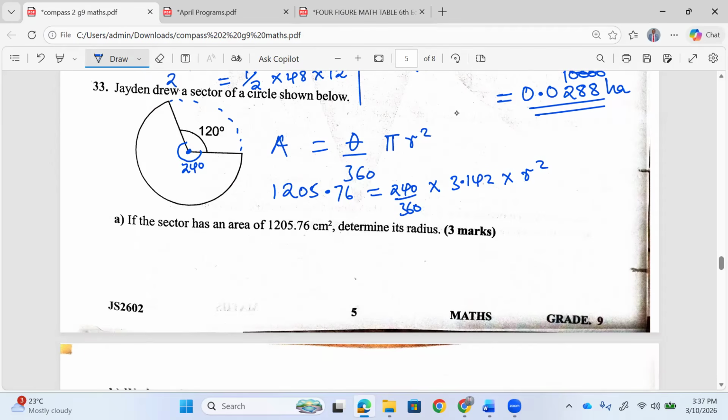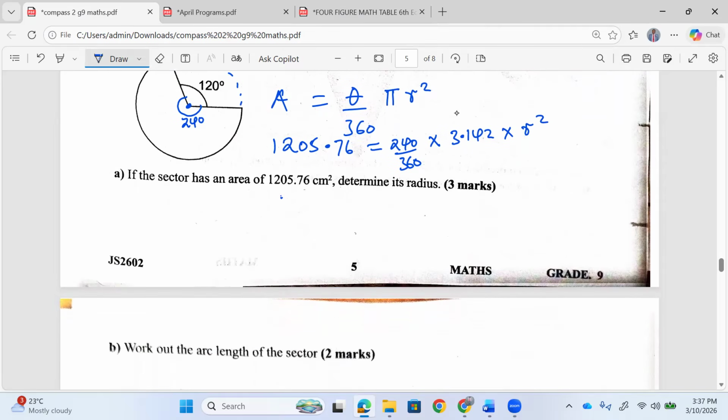I want to give you a simpler way of approaching this. You have your calculator, so you type 1205.76 equals to 240 over 360 times 3.142. That gives us 2.095 r squared.